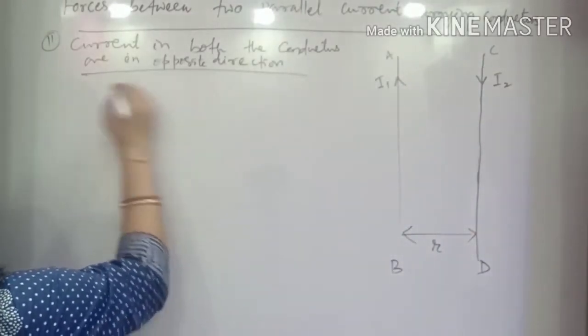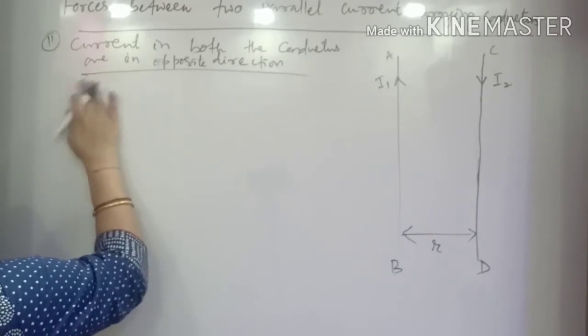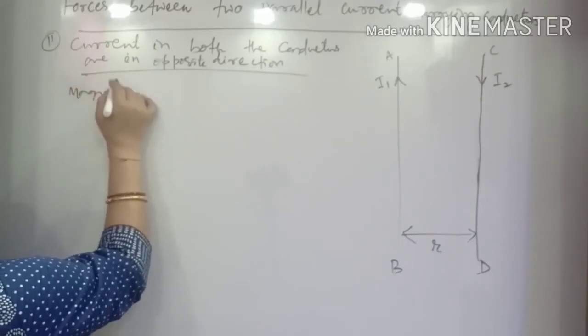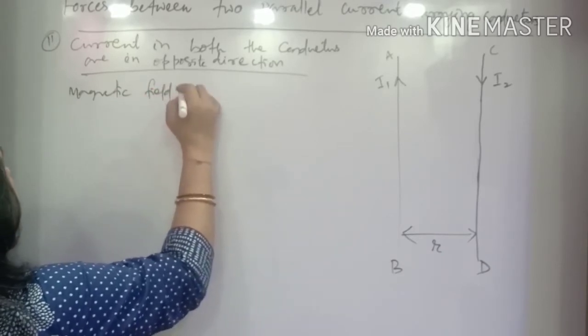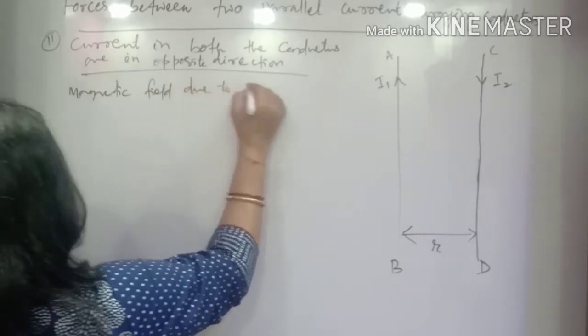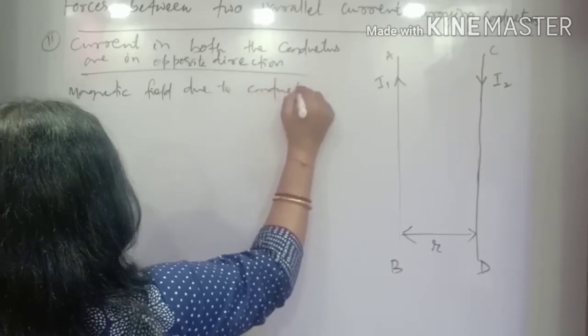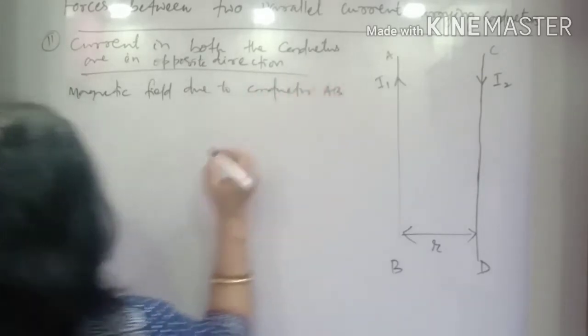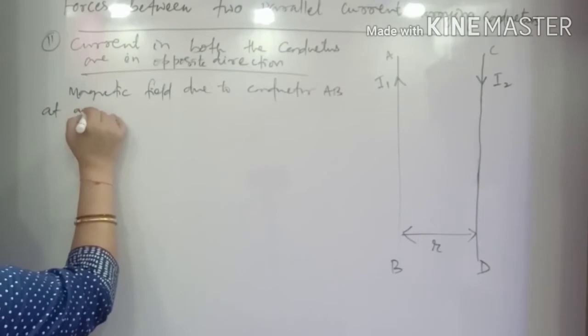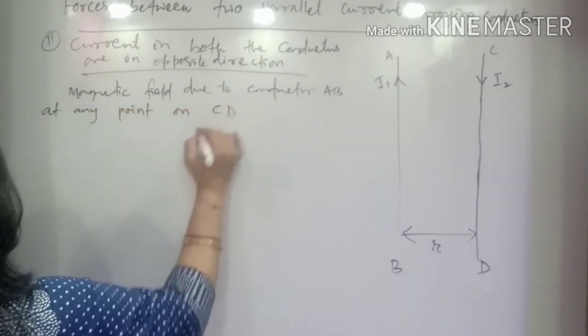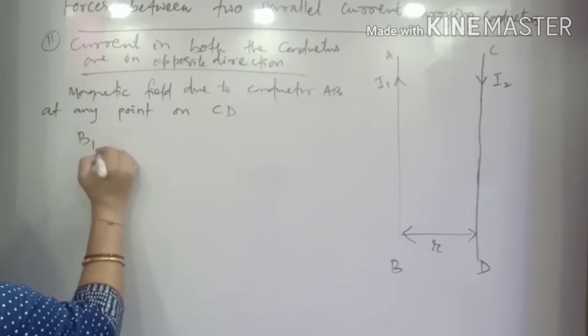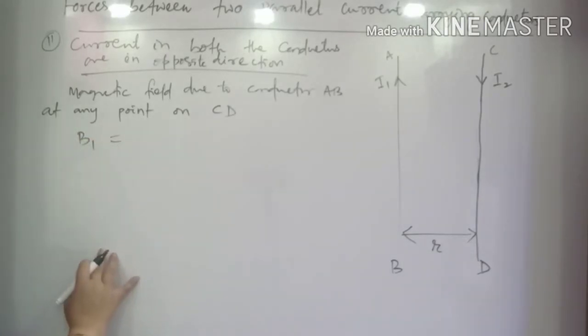So the magnetic field due to conductor AB at any point on CD, let that be B1. Now what is B1's expression?